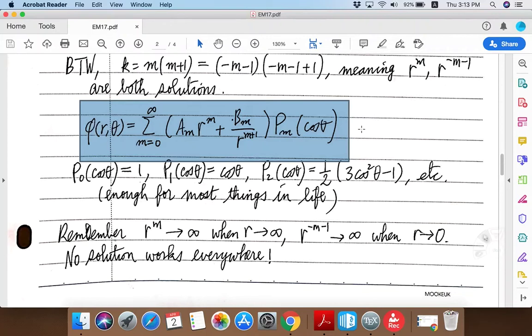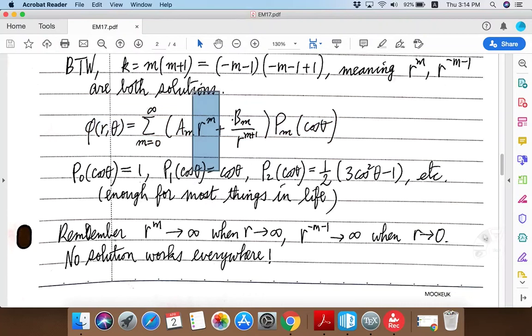However, you can see this solution has a problem because this first term, r to the m, obviously diverges when r goes to infinity, whereas the second term obviously diverges when r goes to 0.